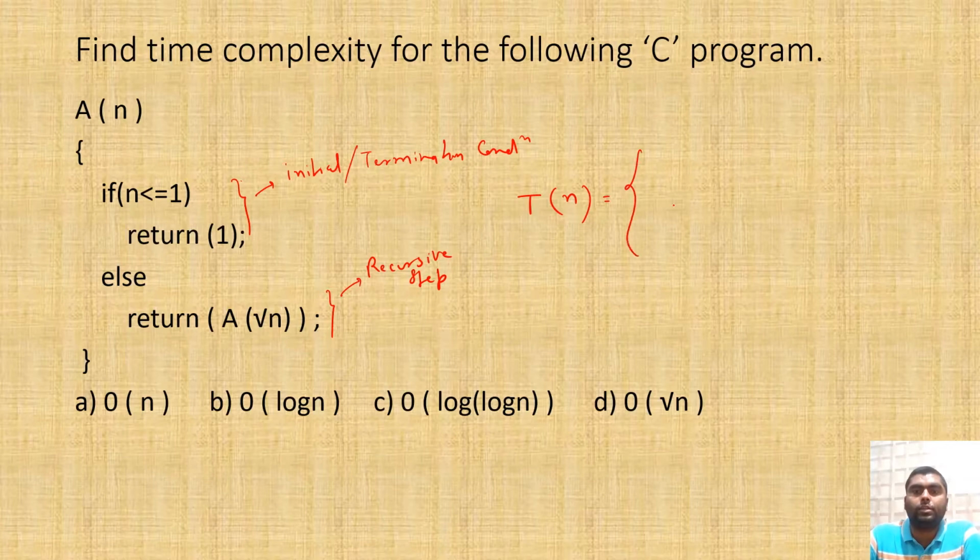If the value of n is 1, then it is constant time C. Otherwise, it is T of under root n plus some constant time, maybe some returning time. This is for n greater than 1.